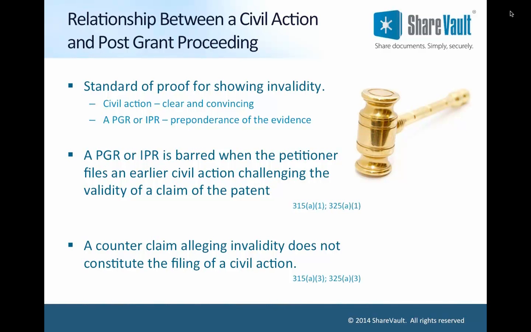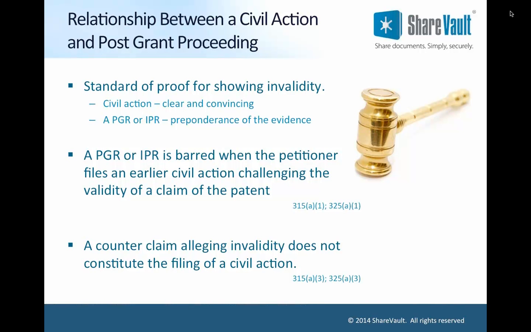And as you can see, the PGR and IPR would be barred. The petitioner would be barred from bringing these if they had filed an earlier civil action. So, if they had alleged in a declaratory judgment that the claims were invalid, they couldn't thereafter bring a PGR or IPR.